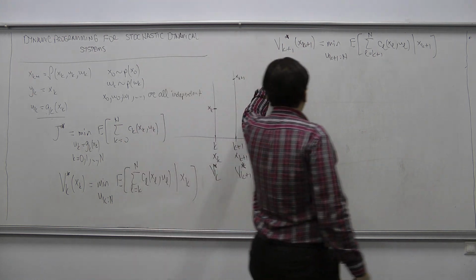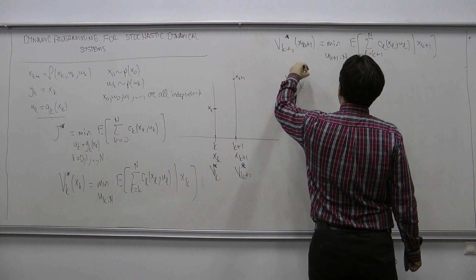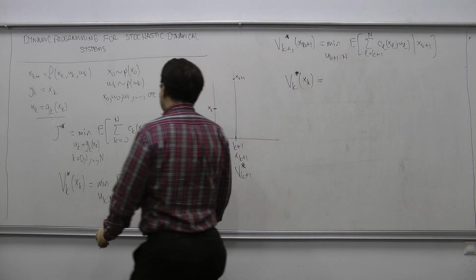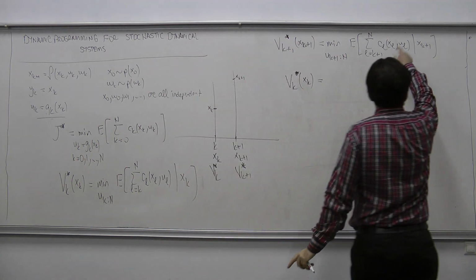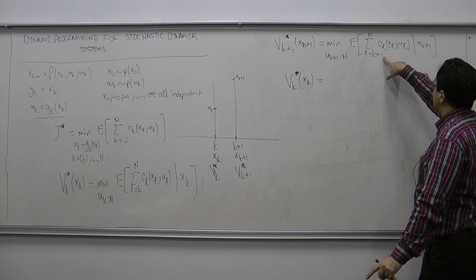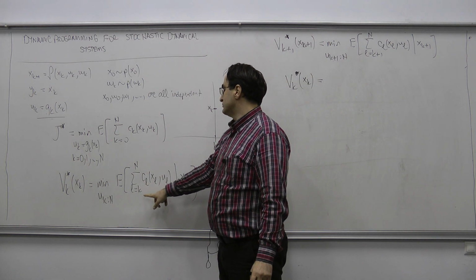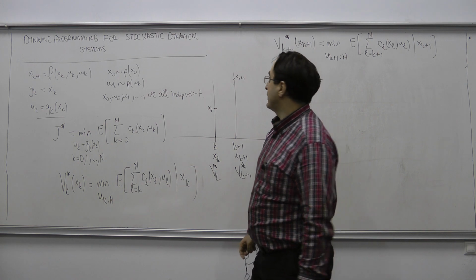Okay? So I have Vk star at time k is equal to, now compare the expectations here. So this quantity in the expectation starts from k+1, and this quantity in the expectation starts from L equals k. Okay?